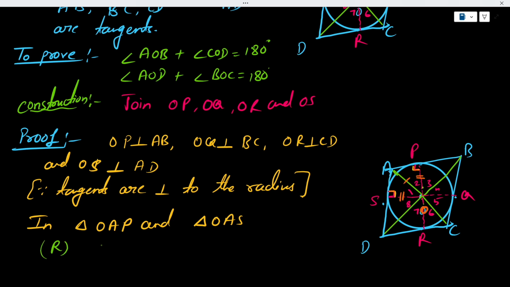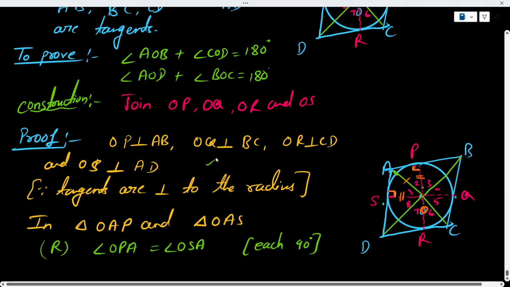So first take the right angle. In triangle OAP, angle OPA will be equal to angle OSA. Now you have already written 90 degree here. If you have not written it, then you will write OP is perpendicular to this, by the theorem. Because I have mentioned the theorem, I can write each 90 degree.